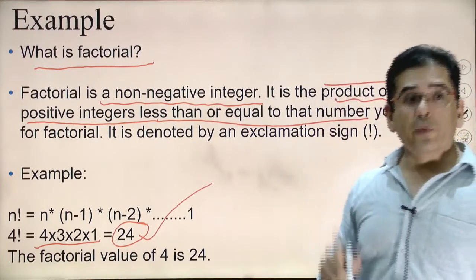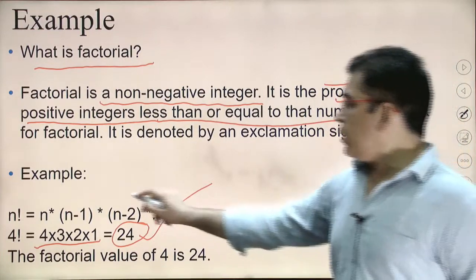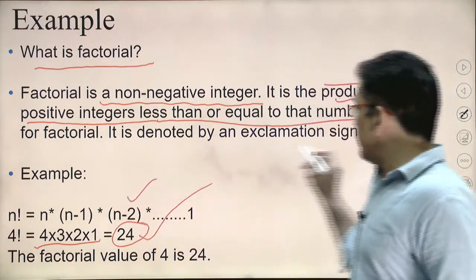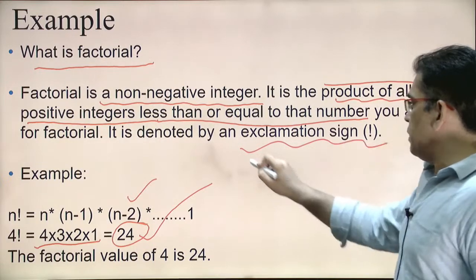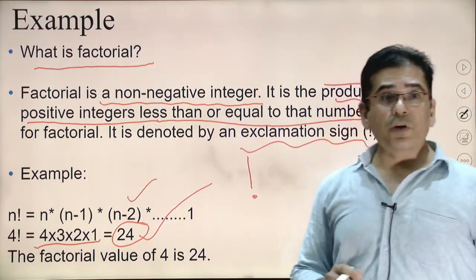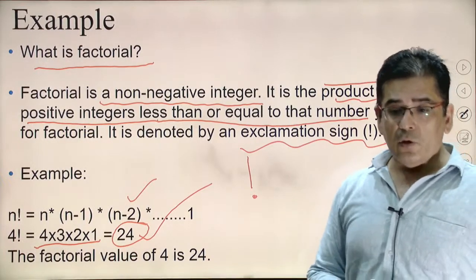If I write the equation to calculate the factorial of a number, this line gives you the equation. You need to remember, the exclamation sign is used to represent the factorial of a number.